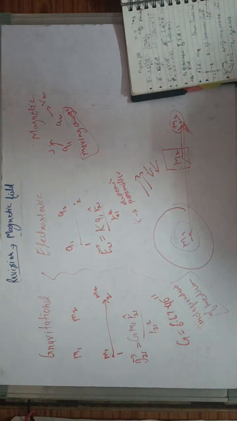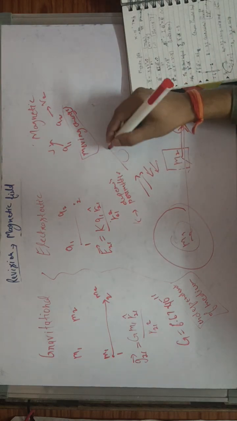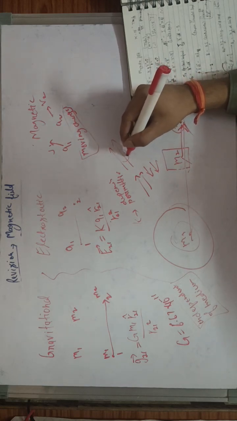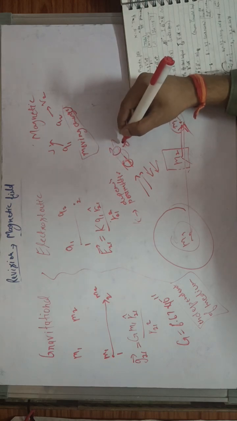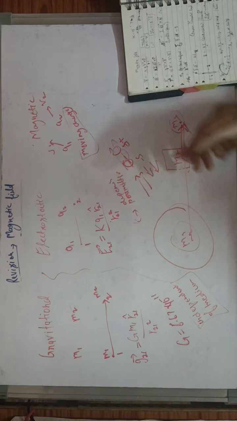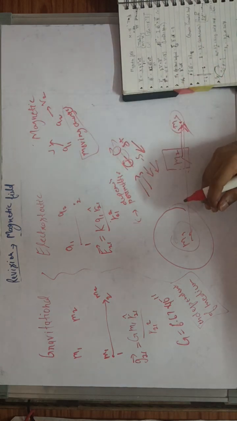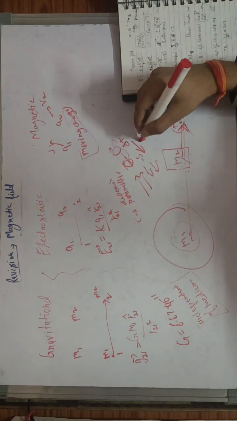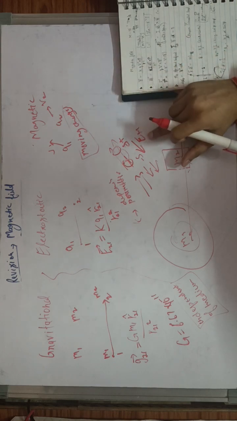If there is any atom in the medium, the negative charge moves in this direction and the positive charge moves in this direction, producing some positive charge on one side and negative charge on the other. Now this produced charge will produce an electric field in the opposite direction. This is the electric field due to the matter.